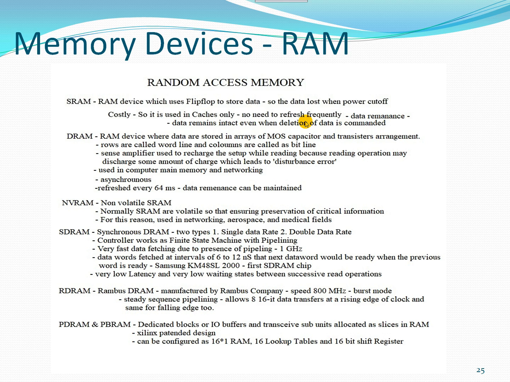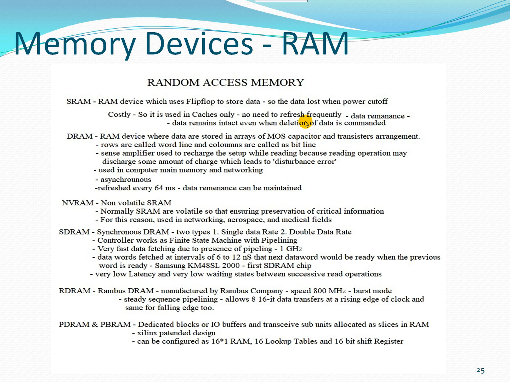so SDRAM controllers work as a finite state machine with pipelining capabilities, because if you use pipelining, then consecutive fetching of the data is possible, so that these devices can be very fast in nature.